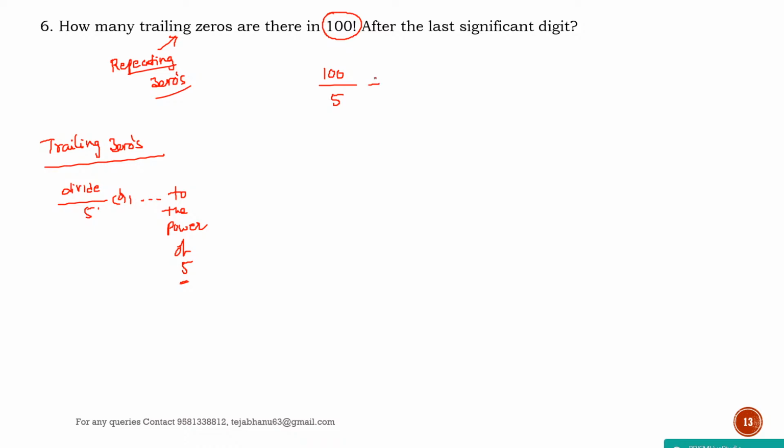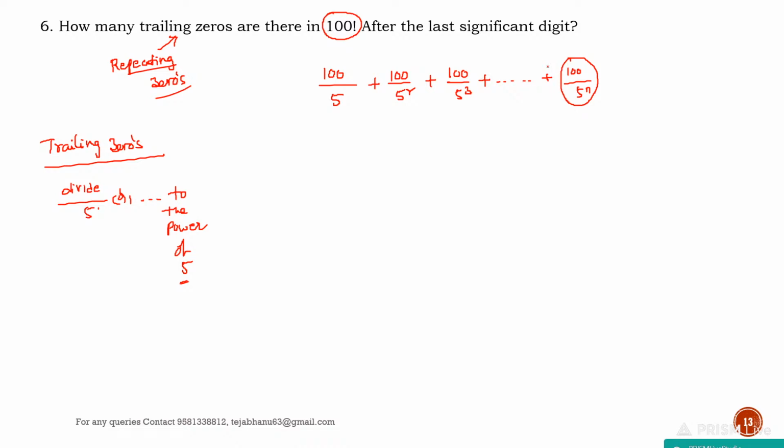This is the first term. Plus 100 by 5 square. This is the second term. Next, 100 by 5 cube. This is the third term. Plus and so on, plus 100 by 5 power n. This is how we have to do.